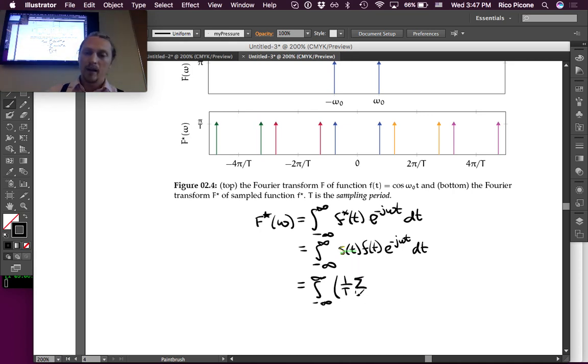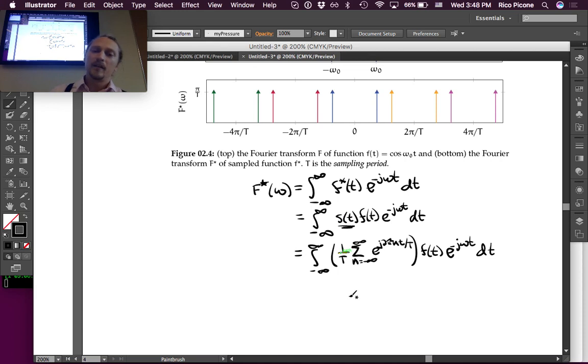So the sum from n equals minus infinity to infinity of e to the j 2 pi n t over T. That was all s. And then we have f of t e to the minus j omega t dt still. Right? And nothing like having an infinite integral over an infinite sum.